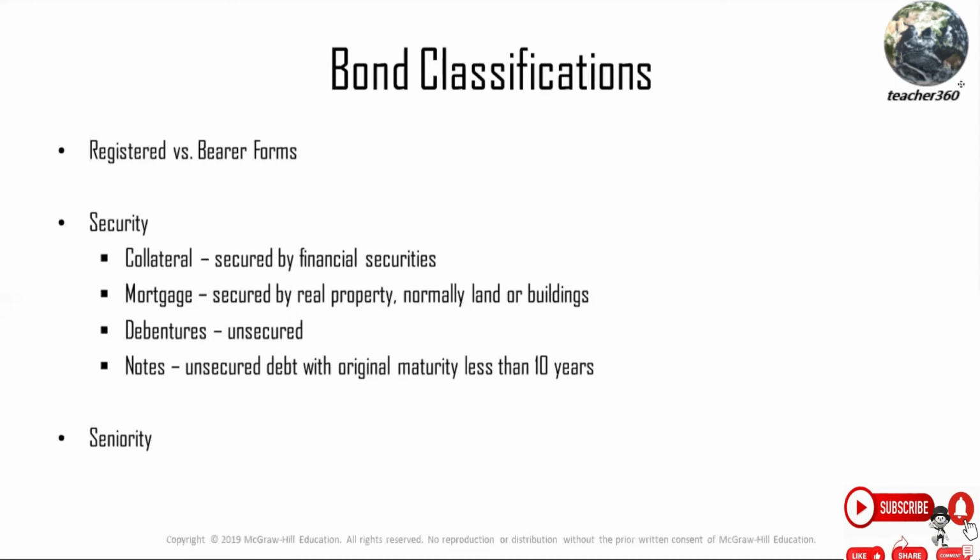Debentures are periodic interest payments or coupon payments which are unsecured. If the business is not going well, the interest payment or coupon payment may be disrupted. Due to interest rate changes, it can also be disrupted. Notes are also unsecured debt, which originally matures in less than 10 years.